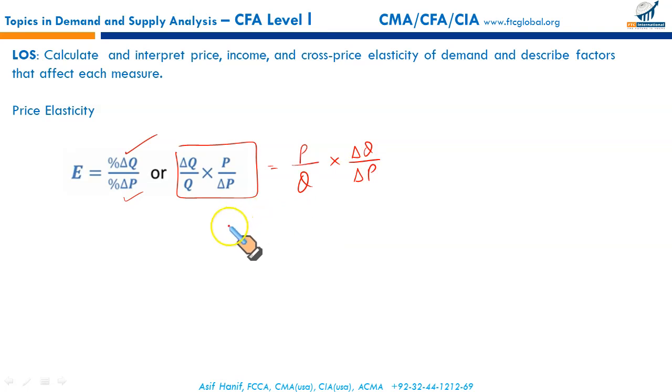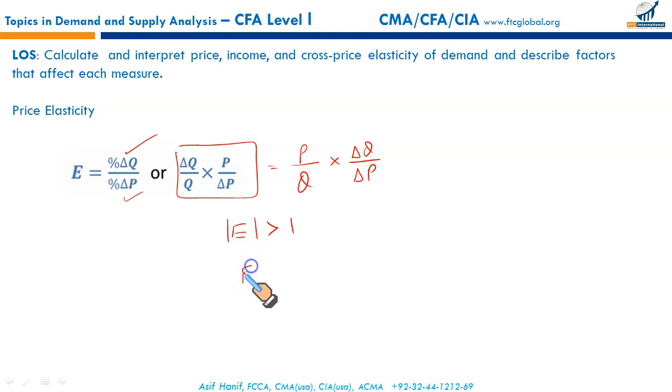It can have three different possible results, assuming that we ignore the negative sign, because we know there is a negative relationship between price and quantity demanded. So the price elasticity would be negative, but ignoring the negative sign, taking the absolute number, if price elasticity of demand is greater than 1, then we say that the quantity demanded is relatively elastic with regard to price.